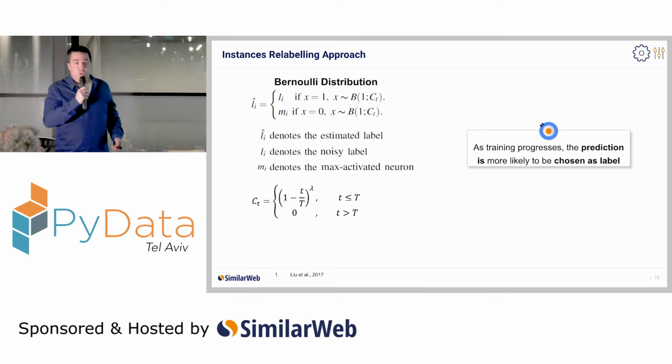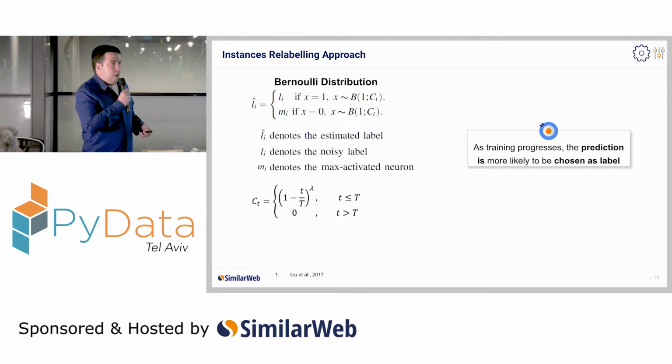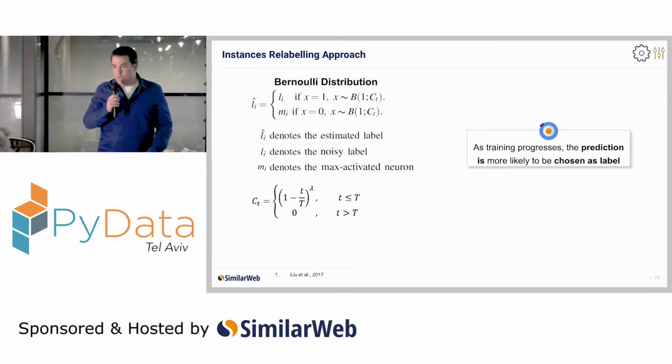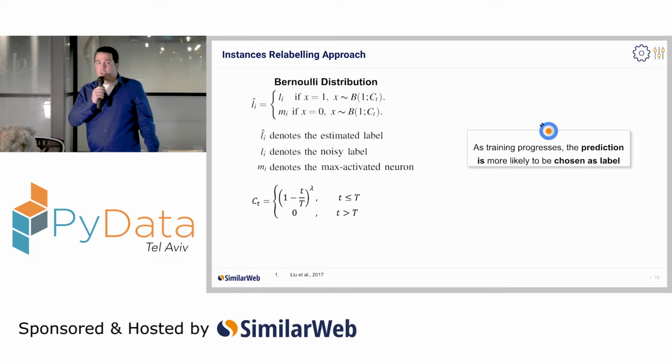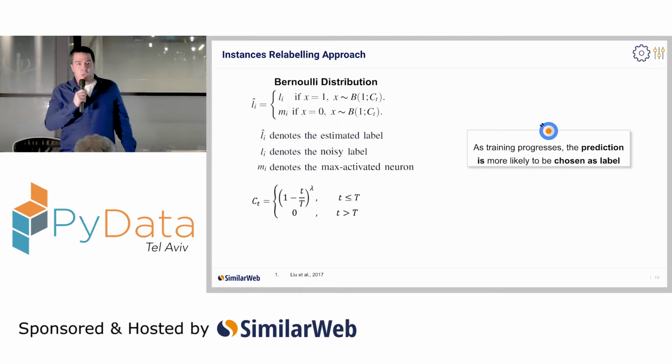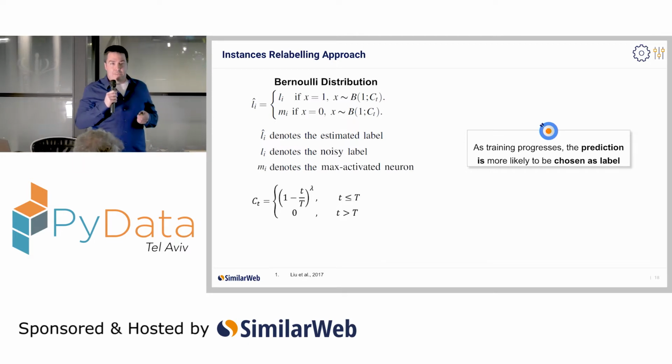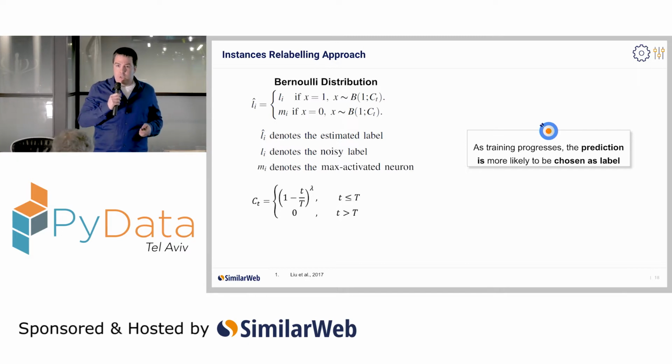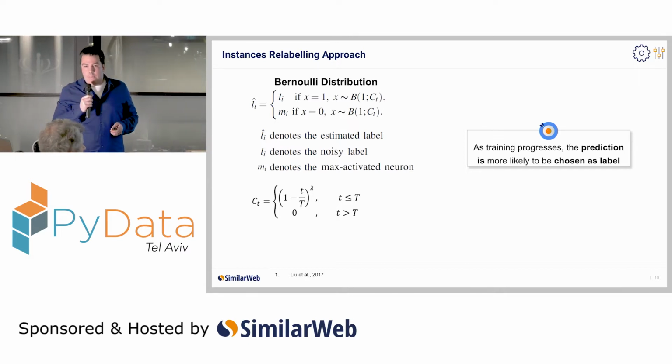The selection of which one will serve as label is based on a Bernoulli distribution with an increasing probability as the training progresses of selecting the max activated neuron, that is the model prediction, as label, over the original label.